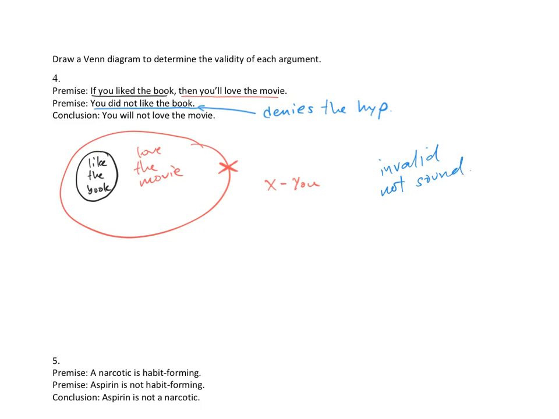But again, we could just take a look at the analyzing of just the statements. So we already know it's not valid and not sound, but just take a look.